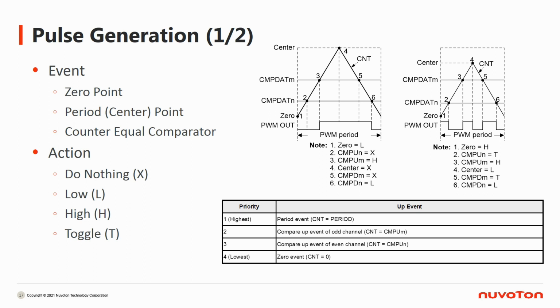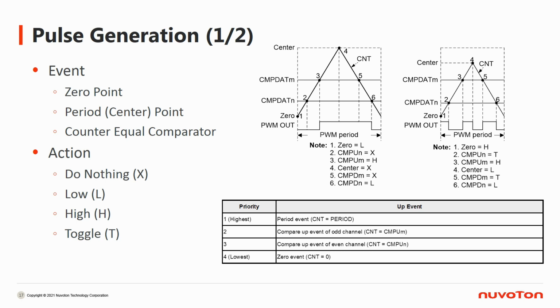The second is CMPU N equals X, meaning when the counter counts up and reaches the compare value N, like 0.2 in the graph, the action would be do nothing, therefore it stays at low. The third is CMPU M equals H, meaning when the counter counts up and reaches the compare value M, like 0.3 in the graph, it would output high.